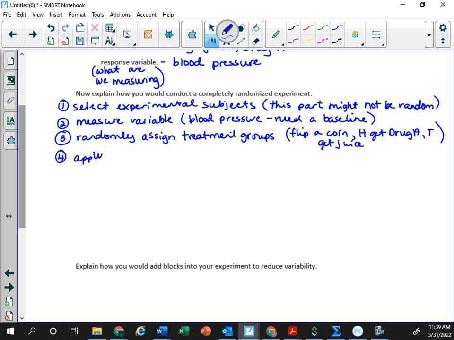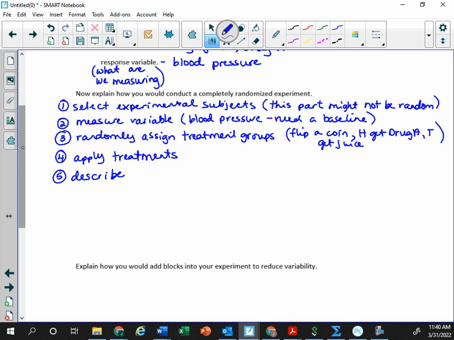All right, then we apply the treatments, meaning you give them their juice or their medication. And when you're doing that, you want to make sure you describe what's actually happening, like 8 ounces of juice 3 times a day, or 1 pill per day.